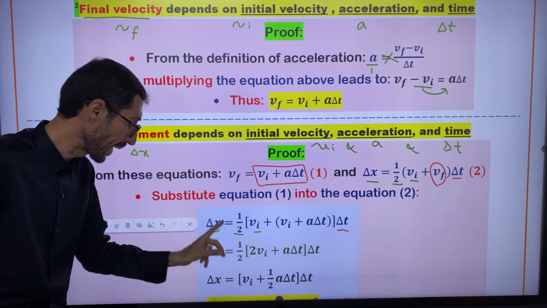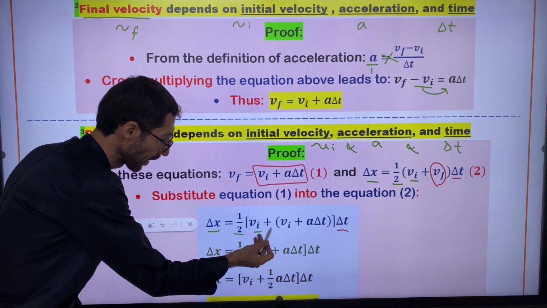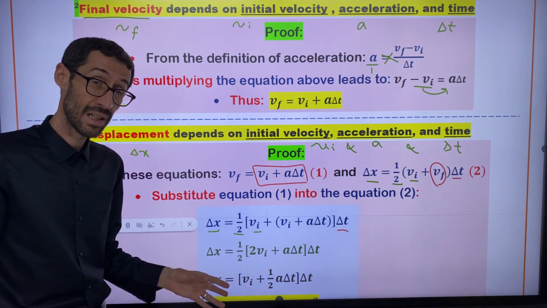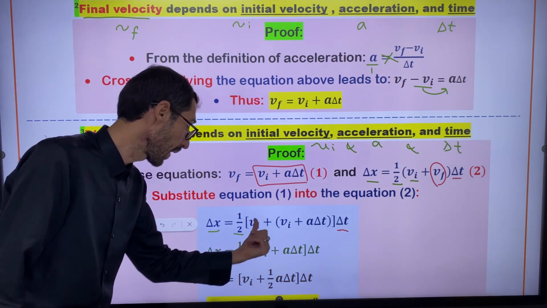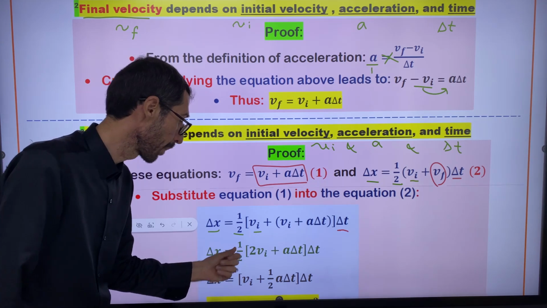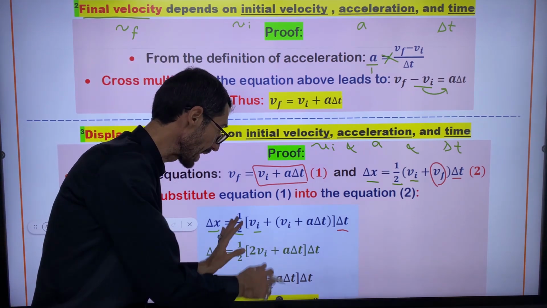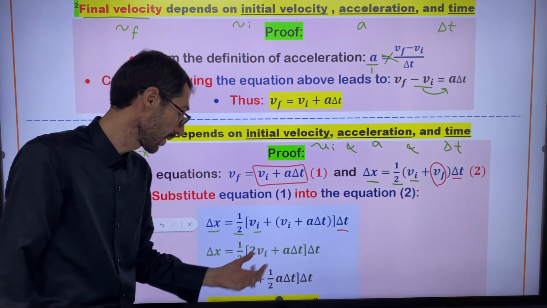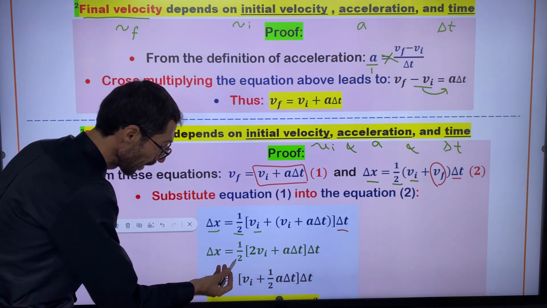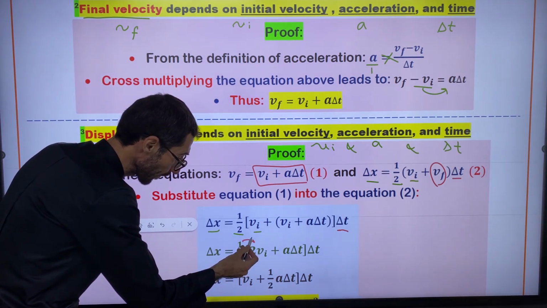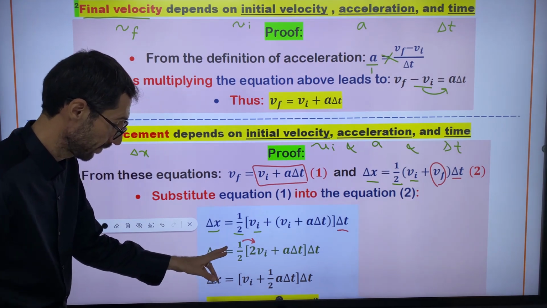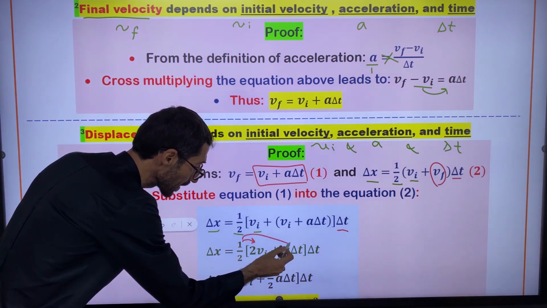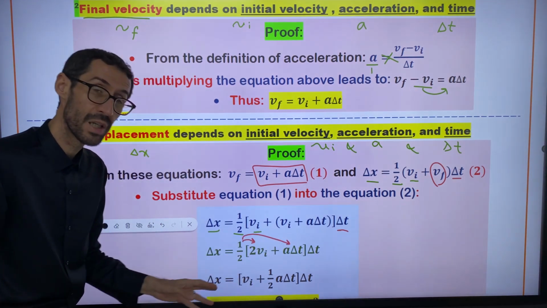Delta x is equal to 1/2 vi, and vi are identical terms. So vi plus vi becomes 2vi plus a delta t inside the bracket, and outside of the bracket we have time interval delta t. I want you to multiply the 1/2 into each term within the bracket.